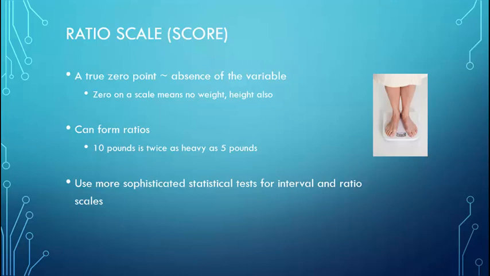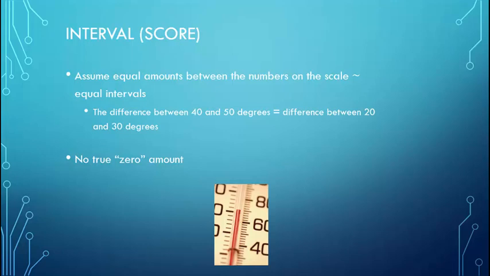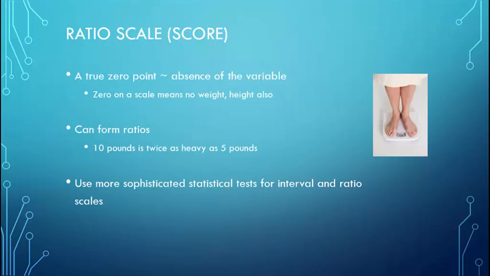If I'm counting how many times somebody clicks a mouse on a computer in 30 seconds, and they click the mouse 0 times, well, that means 0. They didn't click the mouse. It's the absence of mouse clicking. That would be a ratio scale. For our purposes, interval and ratio scales are used the same in terms of our statistics in this class and in terms of what we need to use for SPSS.